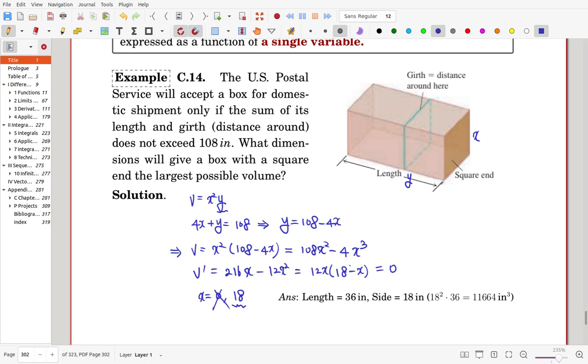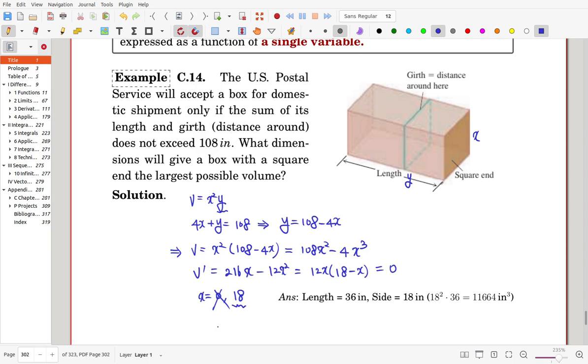Here you see that when x is smaller than 18, the slope is positive, V prime is positive. And once x is larger than 18, the slope is negative. So at 18, the critical point, the volume must be maximized.